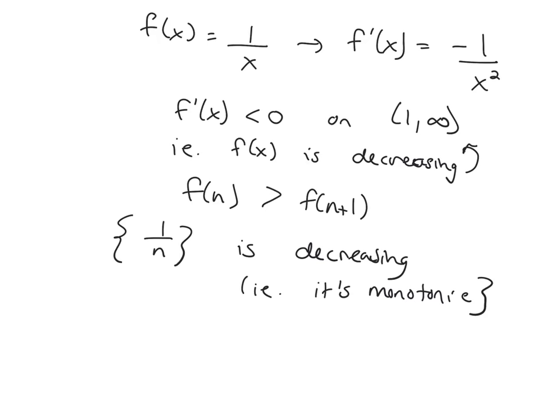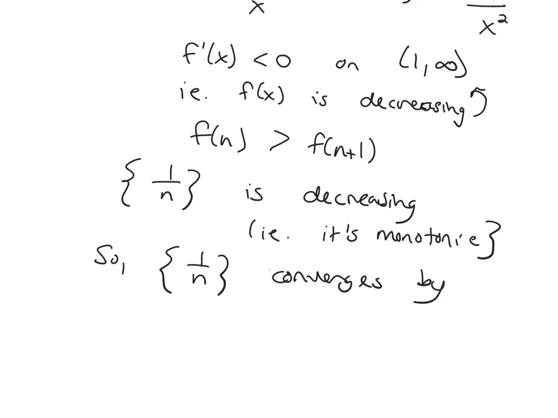So this theorem tells me 1 over n converges by this theorem, which was called the monotonic sequence theorem.